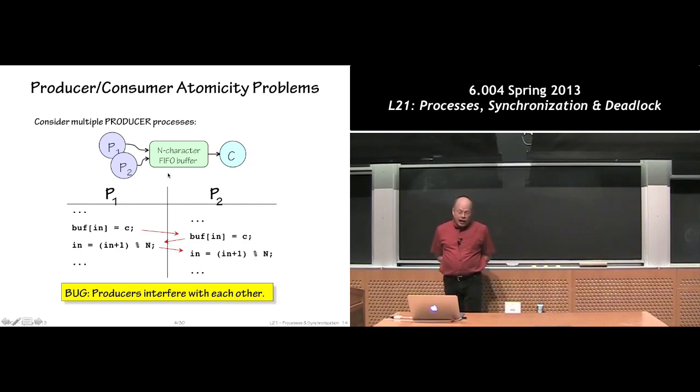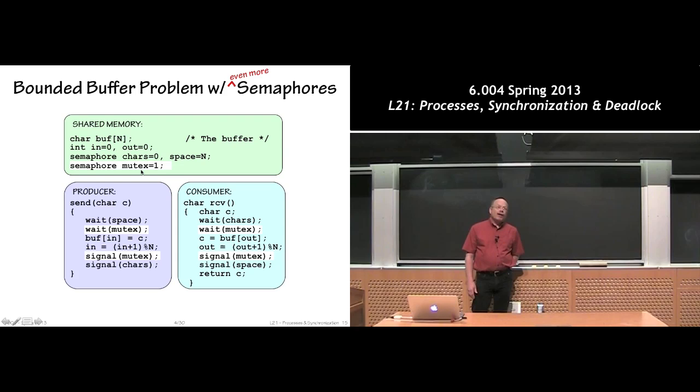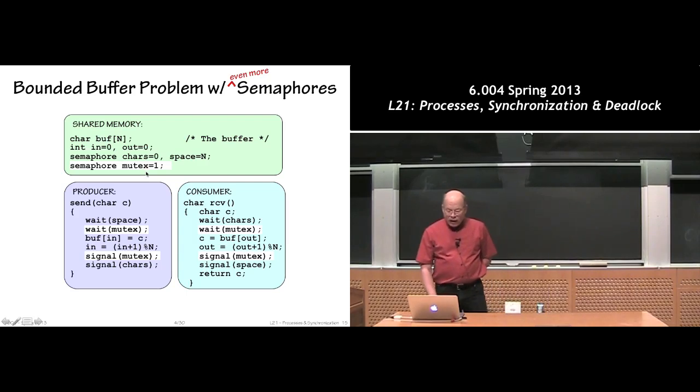So we need some way to prevent this particular piece of critical code from being executed by more than one procedure at a time. And the way we're going to do that, we're going to introduce this mutual exclusion semaphore, which we almost always conveniently name mutex for mutual exclusion, as before, or a lock or something like that. We initialize it to 1, indicating we're going to allow one piece of the code.